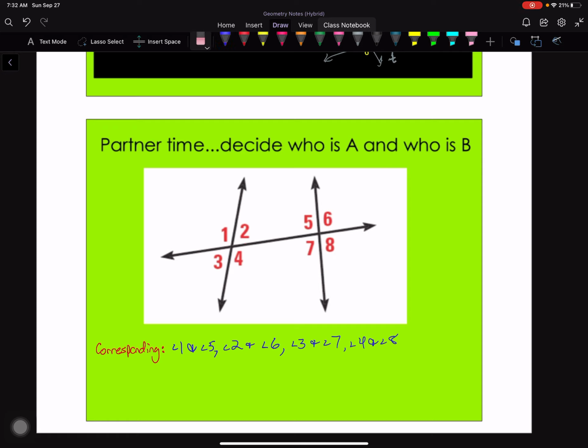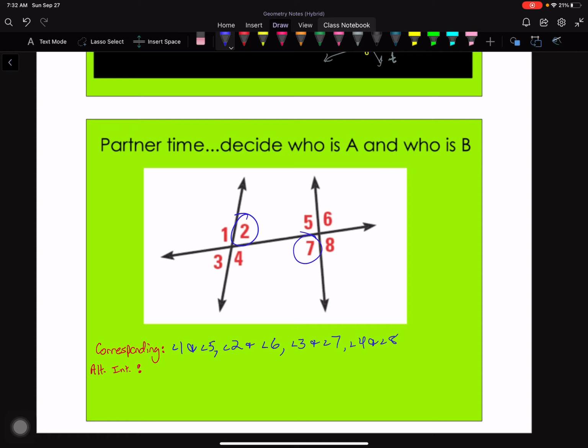Now let's go ahead and list the alternate interior angles. So, here we go. So, interior means, if you take a look at these two lines, they have to be between those two lines. So the only options are 2, 5, 4, and 7. Those are the only angles in between the two lines. So let's just say I pick angle 2. I want another angle that is also on the inside, so 5, 7, or 4, but it has to be on the opposite side of the transversal and on the other line.